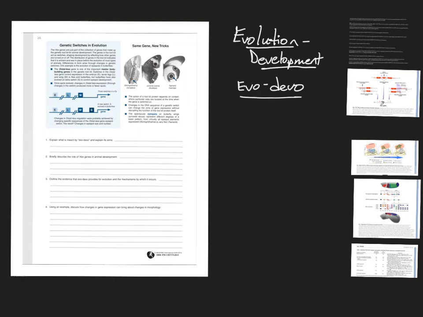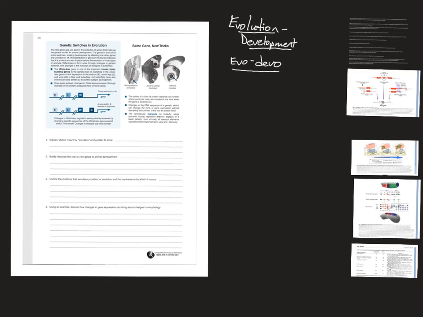So we've talked for a while now about how Hox genes impact animal development. We know that there's this modular component where the thorax and the abdomen have different groupings of these Hox genes.